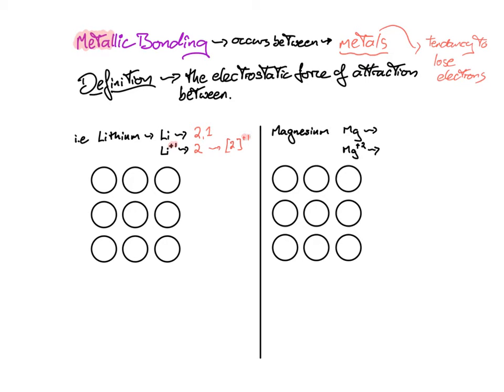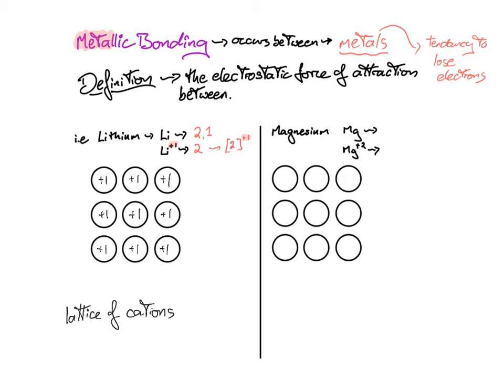The +1 is important because once we've delocalized those electrons, we have a load of +1 cations. So this is going to be a +1 cation, this is going to be a +1 cation, +1, etc., etc. So, what have we got here? Well, we have built ourselves a lattice of cations.